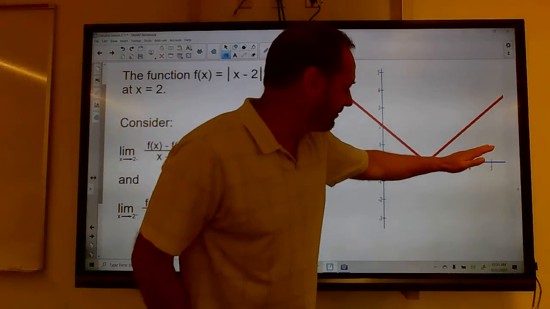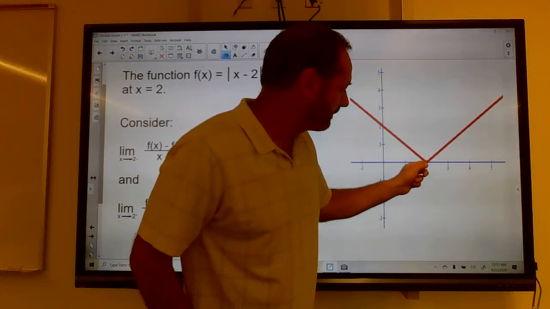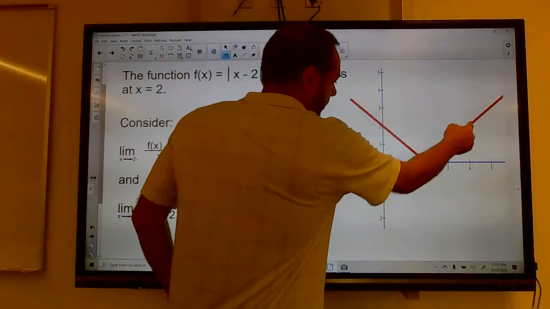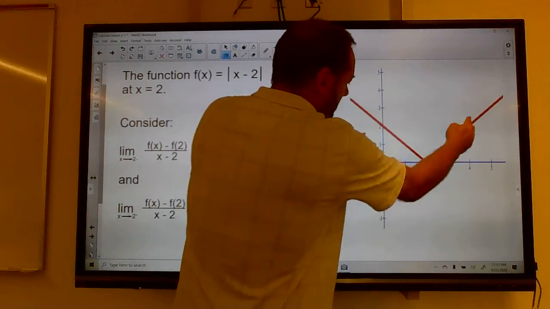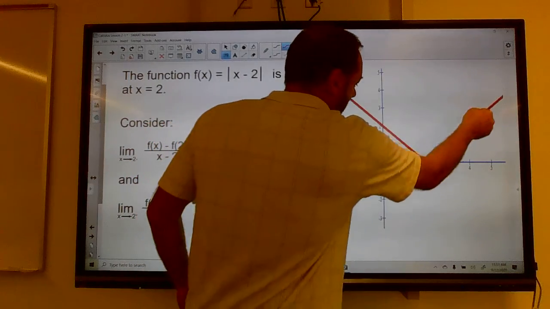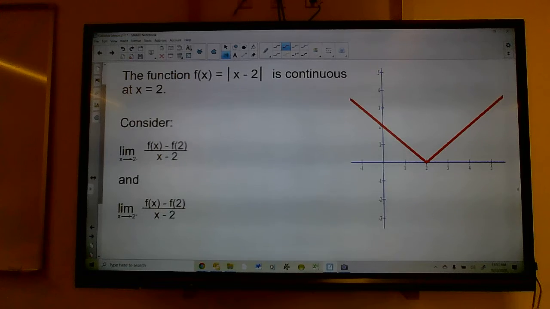But there's an awful lot of slopes that this thing could have at that point, going through that point right there. There's only one that it's going to have here and one over here, because these are basically lines. So you might have a slope of -1 here, and a slope of +1 here. But what do you have at 2? You can't really do anything there. So it is not differentiable at 2.